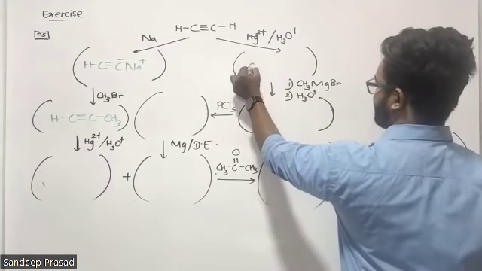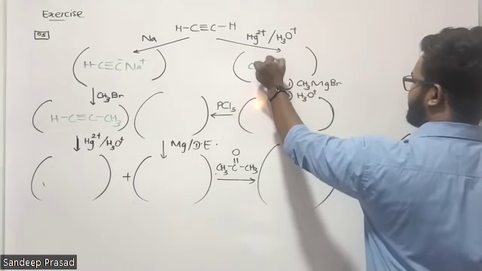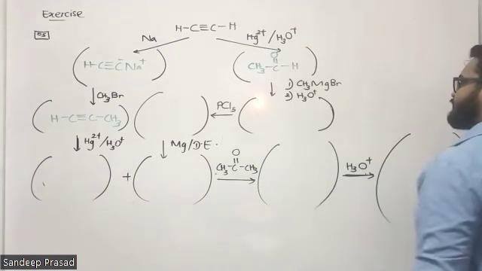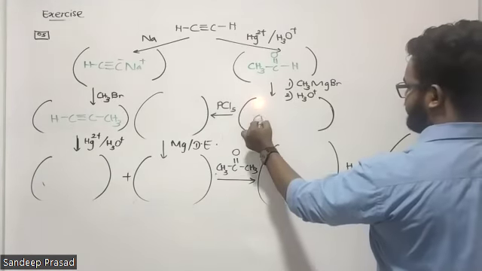In this way, quickly. So here we can use CH3C(=O)OH. Grignard reagent is added.